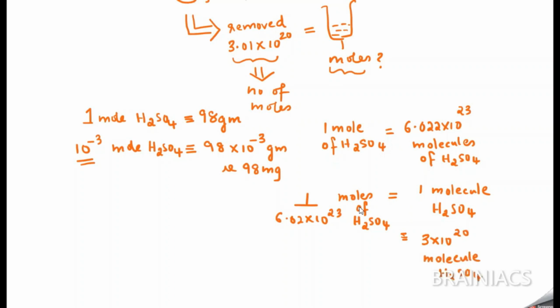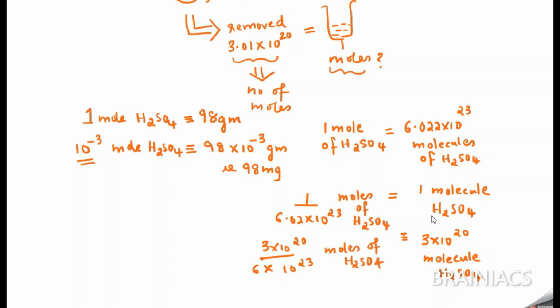That is the easiest way. Convert the value to 1, then multiply by the respective number. If you are multiplying by 3 into 10 power 20, do it on the LHS also. So this will become 3 into 10 power 20 divided by, approximating, 6 into 10 power 23 moles of H2SO4.